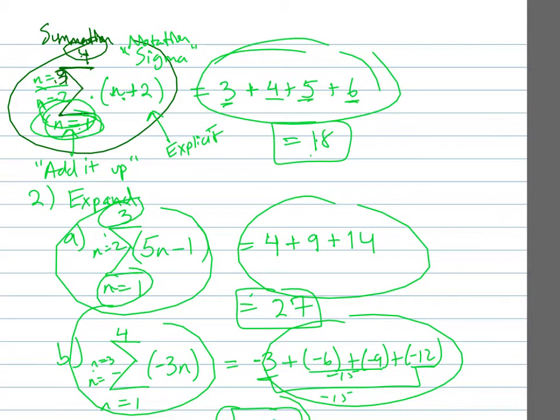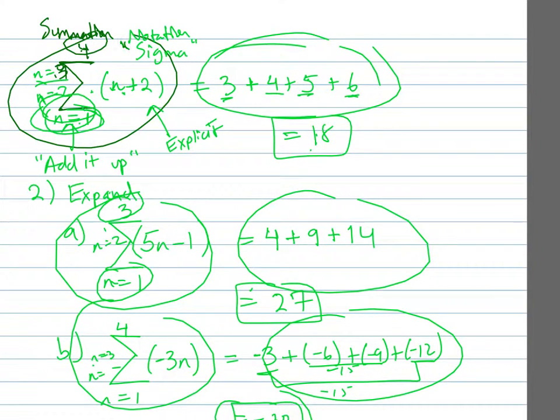This is called summation notation. This is a capital sigma. Remember lowercase sigma, from standard deviation? This is capital sigma. This means add it all up.